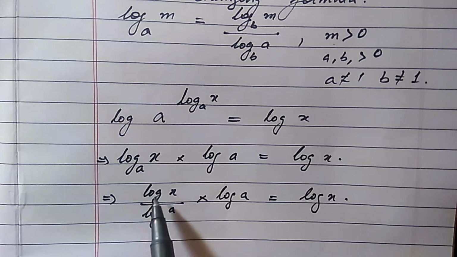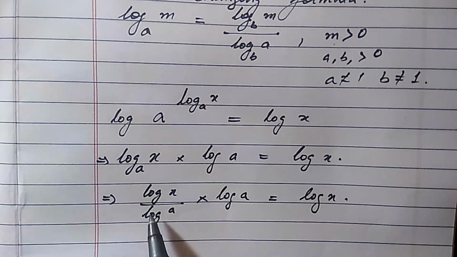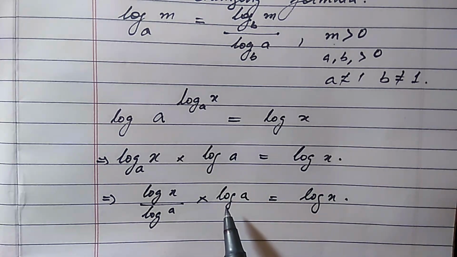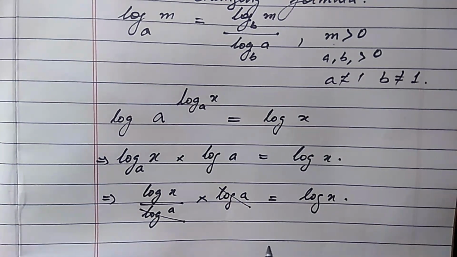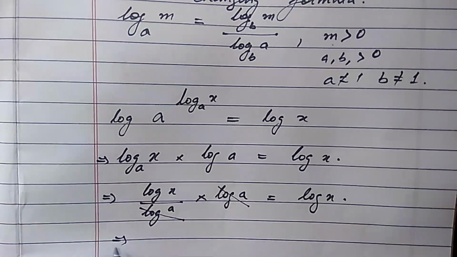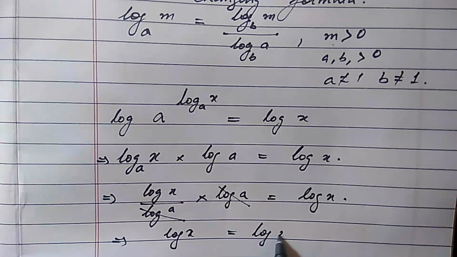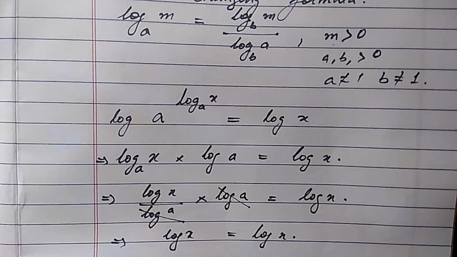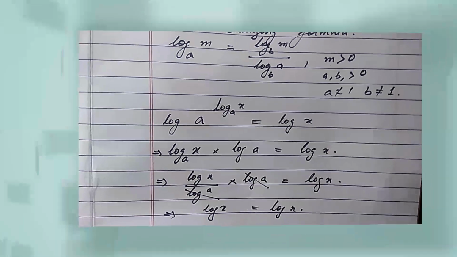So I wrote it as log of x with base 10. Then I have to divide this by log of a with base 10. Log of a is already there, which is equal to log of x. Now log a and log a have the same base, so they cancel out. We are left with log of x is equal to log of x. Okay, so left hand side is equal to right hand side.